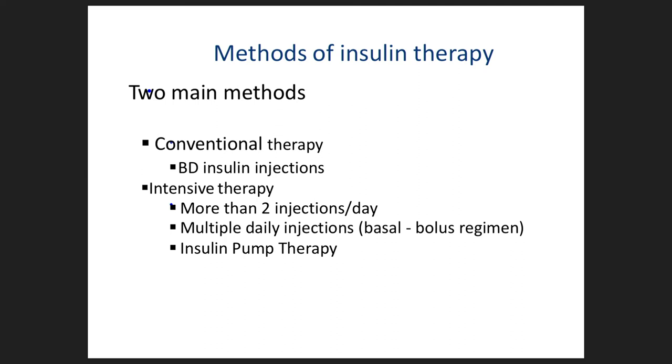From the year 1993, there was a big trial worldwide called DCCT. D means diabetes, C control, another C complication trial, DCCT.